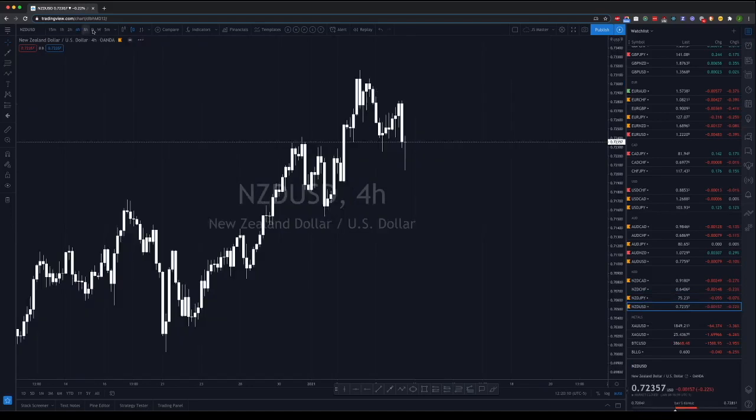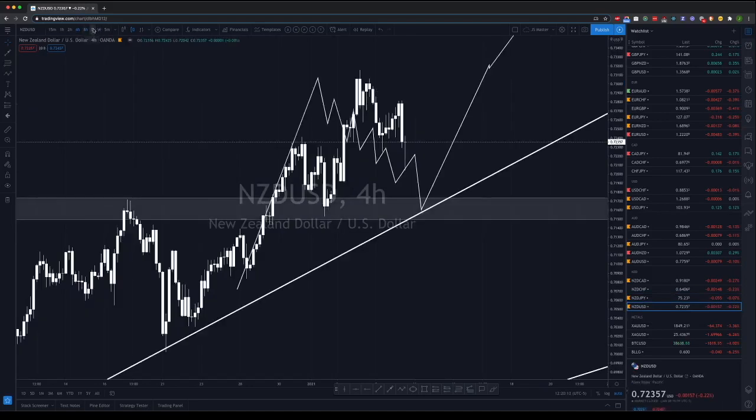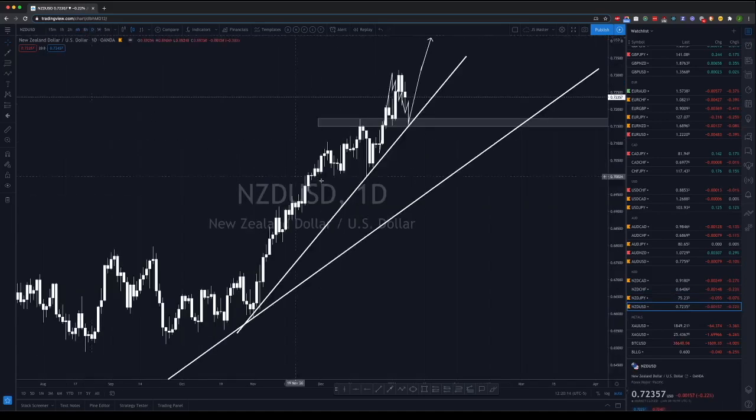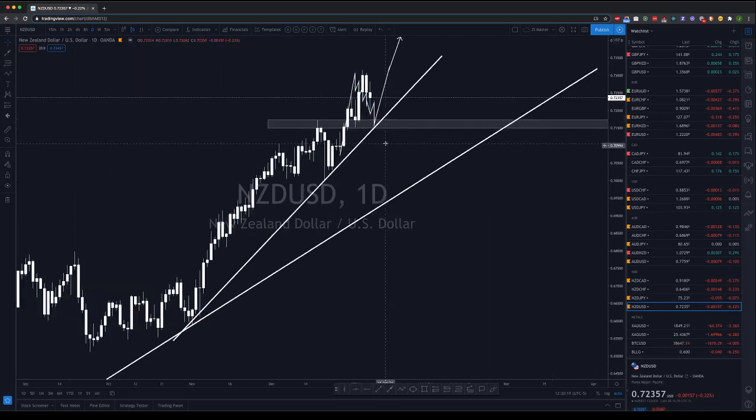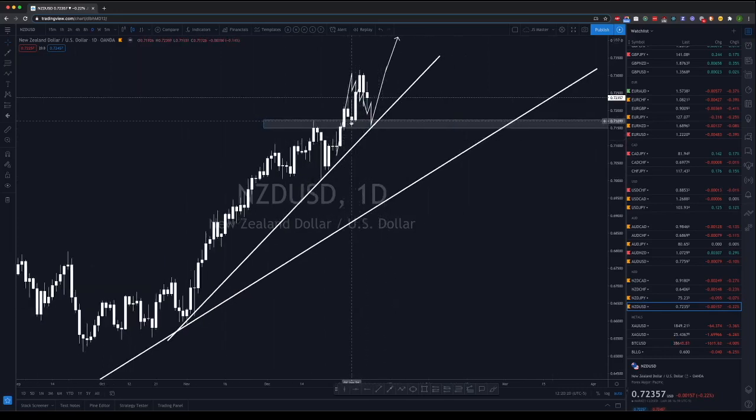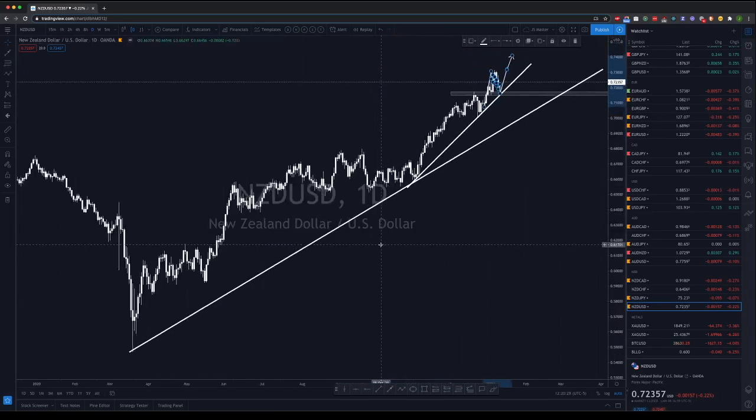And the last pair is NZDUSD. This was a trade that I took last week, which I think was Monday. I took this trade on Monday and targets were hit. So this week I'll just continue to keep an eye on it. Our analysis is still the same, right? We have this steep trend line together with this zone that is broken.